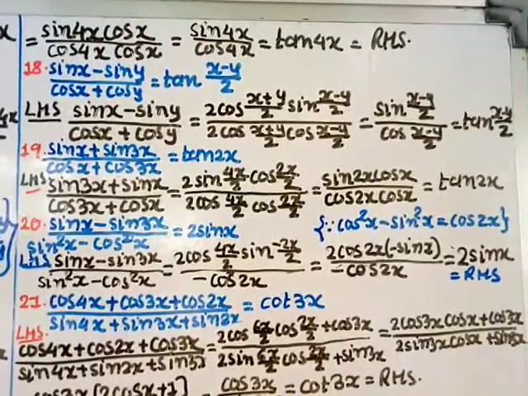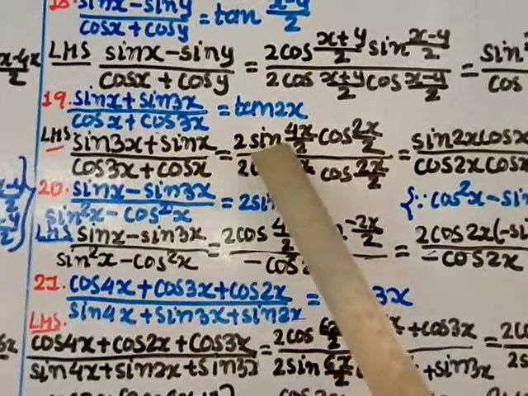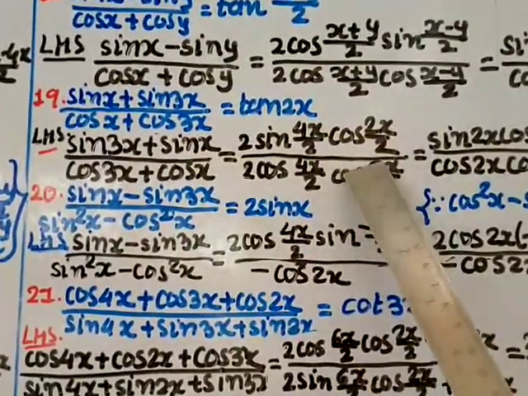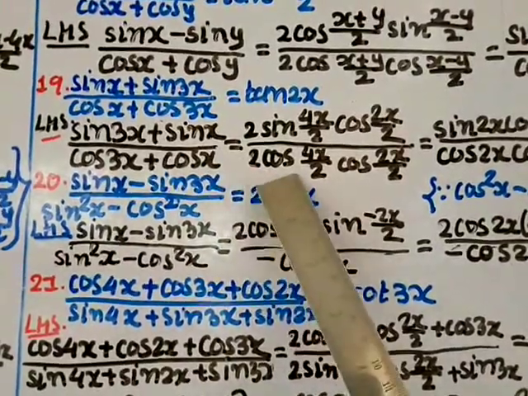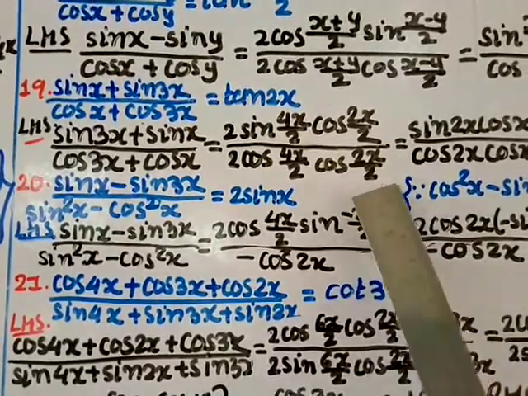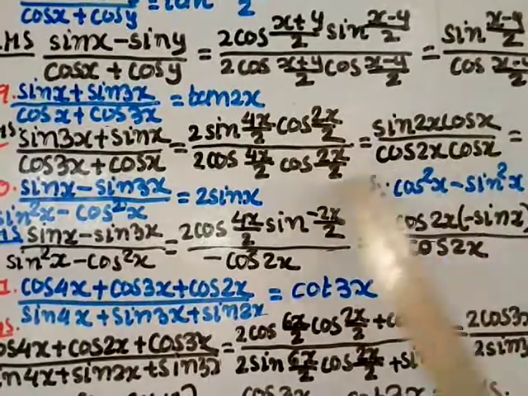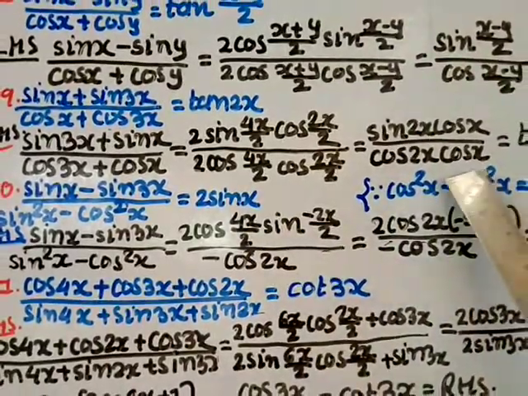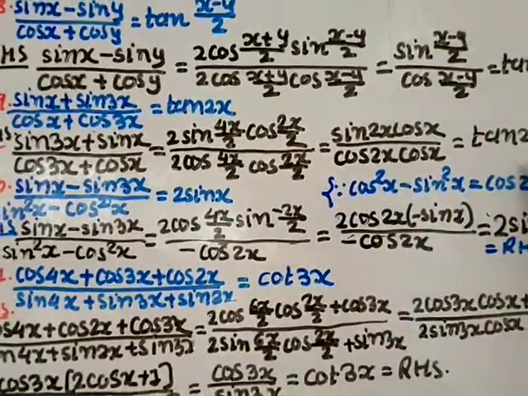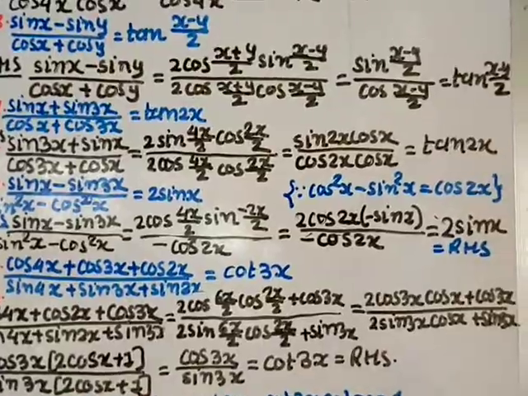So I use directly 2 sin((3x+x)/2) cos((3x−x)/2), and denominator is 2 cos((3x+x)/2) cos((3x−x)/2). Cut by 2 everywhere, these two also cut, so here remains sin 2x cos x, and denominator is cos 2x cos x. Cos x cuts, sin 2x by cos 2x gives you tan 2x, and that is what you have to prove. So that is the solution for question number 19, hence proved.